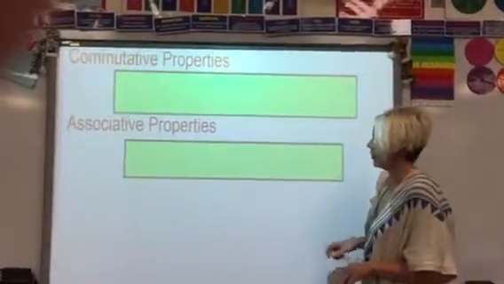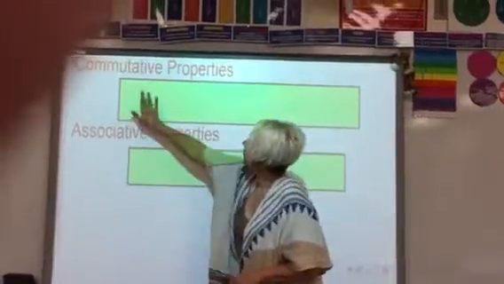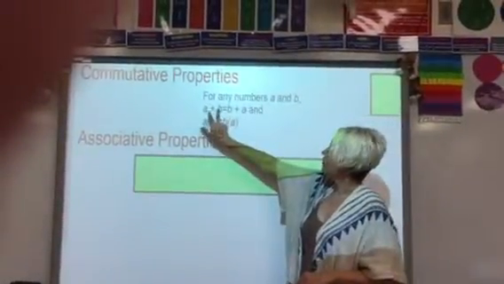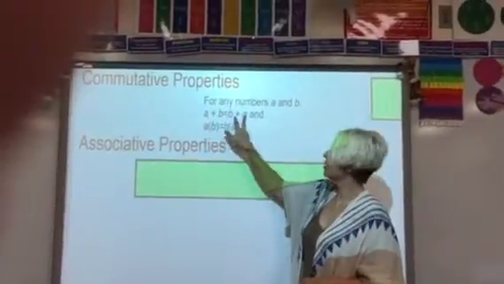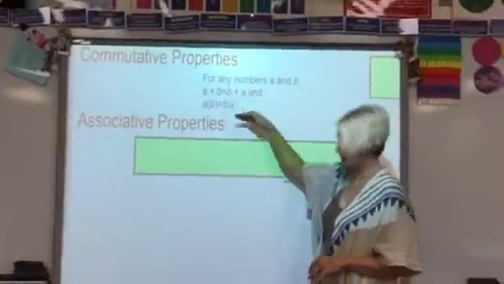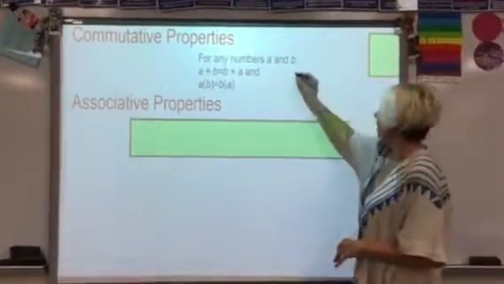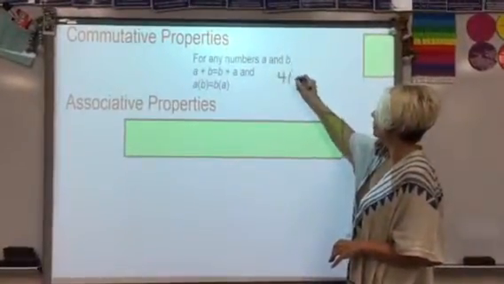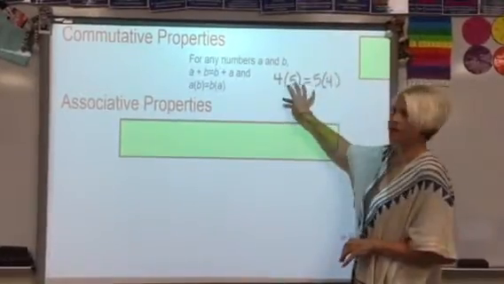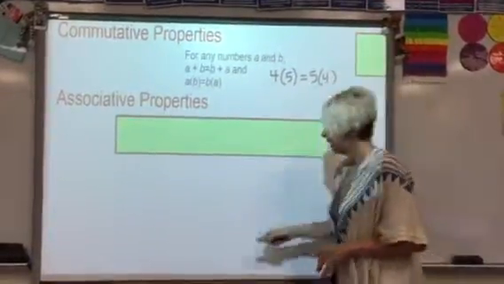So you will practice one on your own. Commutative property is for any numbers. I can switch the places of the two numbers and I get the same result, and that works for addition and multiplication. So let me just do a multiplication example. If I do 4 times 5, that would be the same result as taking 5 times 4. Commutative is just switching the places.